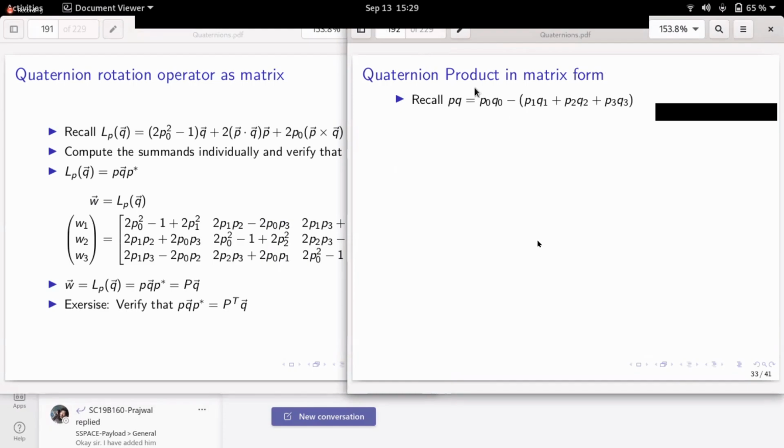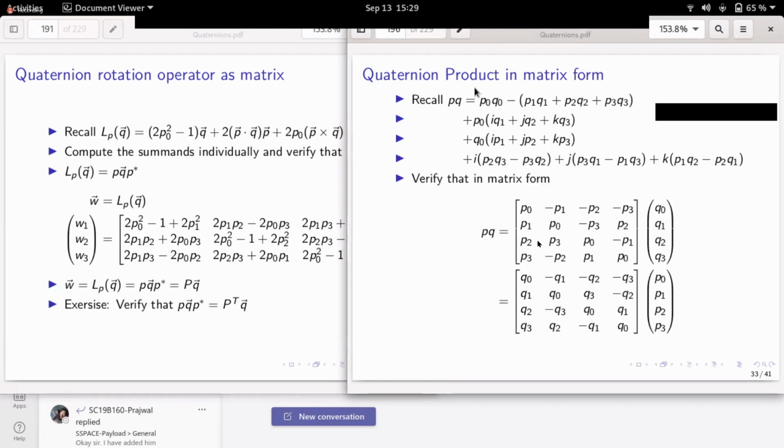So, quaternion product in matrix form. Let us see how quaternion product can be expressed in matrix form. We already know that if two quaternions are multiplied, we have this complicated expression. So if you take Q naught from everything and Q1, Q2, Q3 separately, then you get this matrix, the first matrix above.